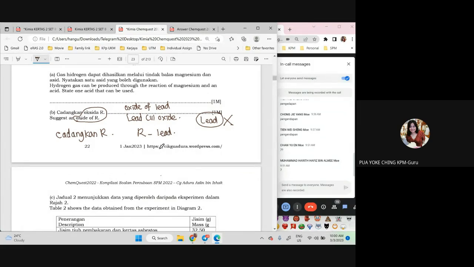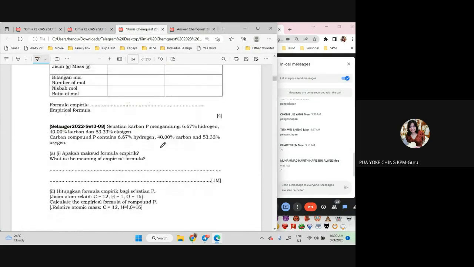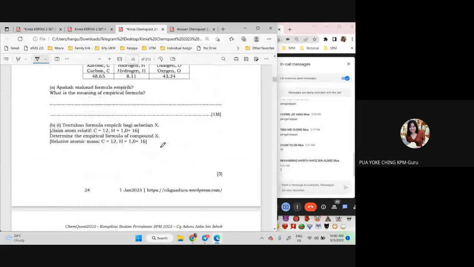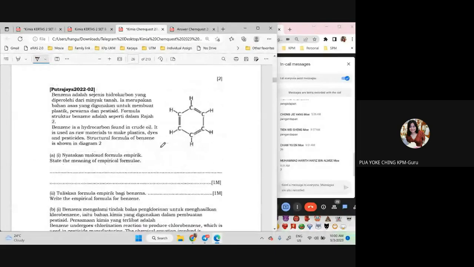Okay, so calculation saya tak bincang. Empirical formula yang ni calculation, you pergi tengok sendiri. Okay, next one, satu lagi adalah this. Tolong kira betul-betul. Tolong tengok soalan betul-betul. Dia nak apa?